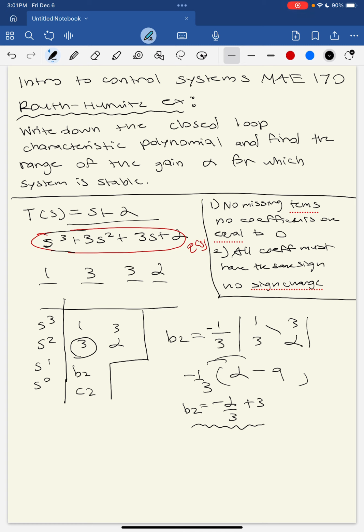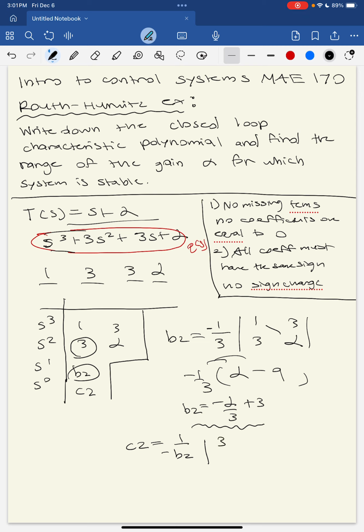Now we're going to find C2. I'm going to go over this, but there's another trick which I will show you after I go over this example. You're going to have negative 1 over, in this case, whatever was your B2 now, right? So you're ignoring the first column and just looking at the second and third column.